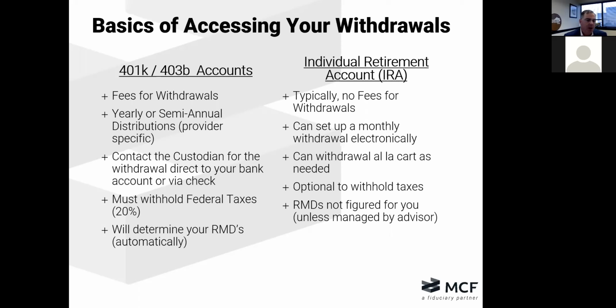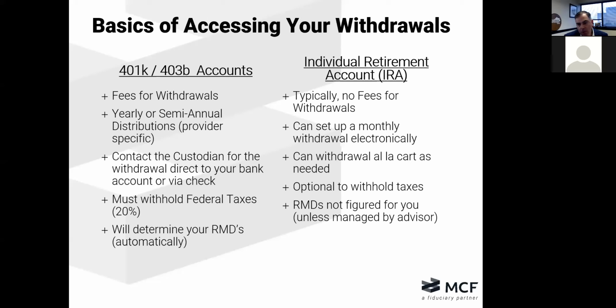Most withdrawals from a custodian or record keeper will also require, particularly in retirement, federal withholding. Not all of them are the same on that, but it's typical. You can choose to withhold, or they'll withhold 20%.